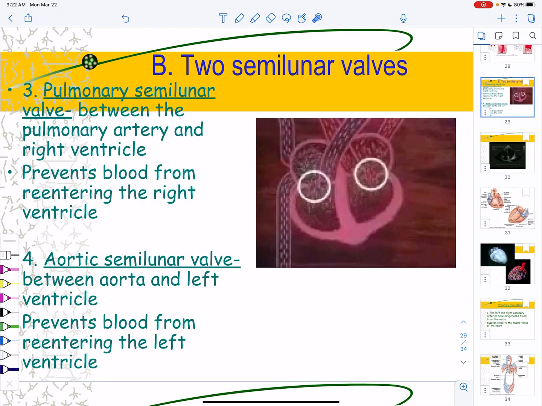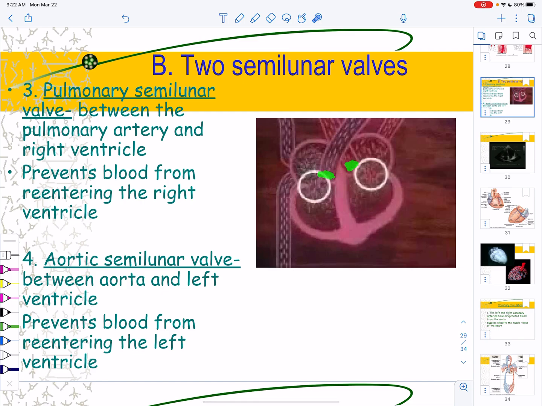Okay, so I'll put the link to that in the box at the top of our agenda so you can watch that again if you want. I really want you to notice the flaps, and I noticed when I put it on the larger presentation full screen mode that it was hard to see the details. So you may want to watch this again, because here is the aortic semilunar valve here.